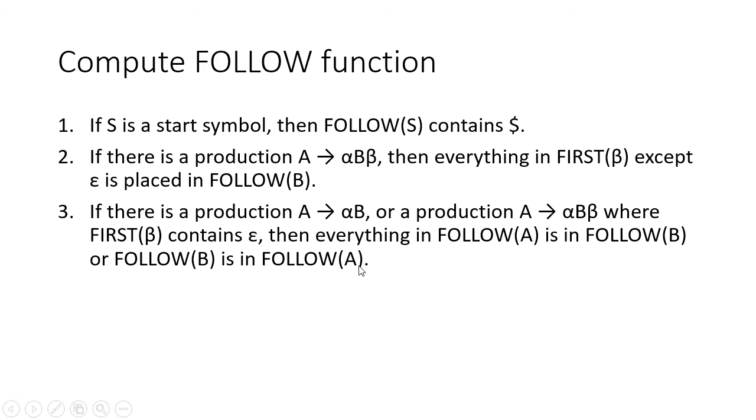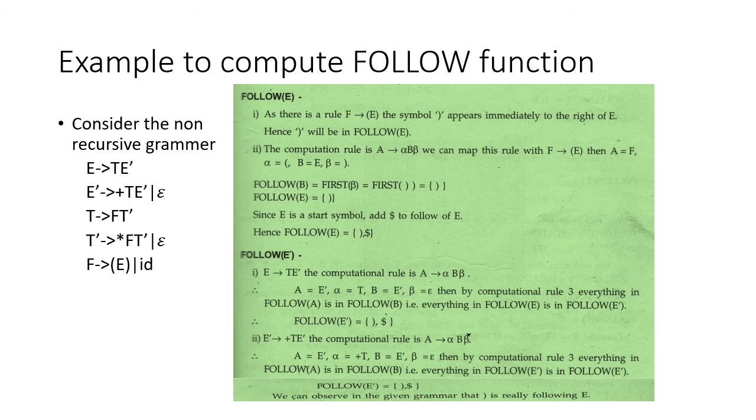Now let's understand this. Look at the example. E derives T E dash, E dash derives plus T E dash or epsilon, T derives F T dash, T dash derives asterisk F T dash, the same grammar we are using. Now let's look at the follow of E first of all.